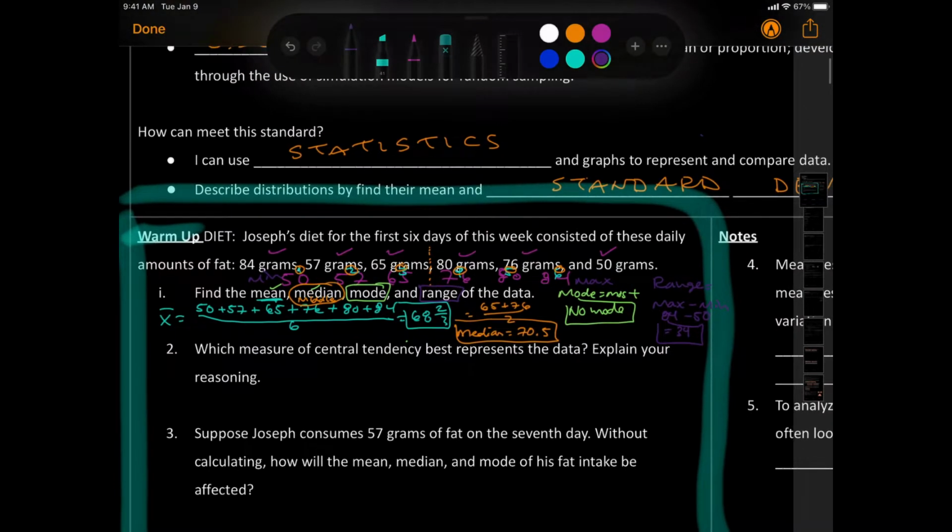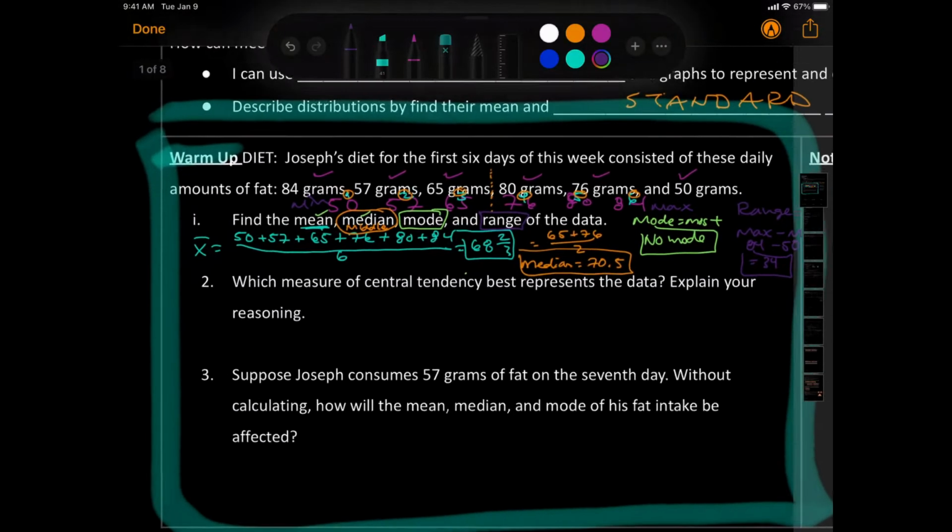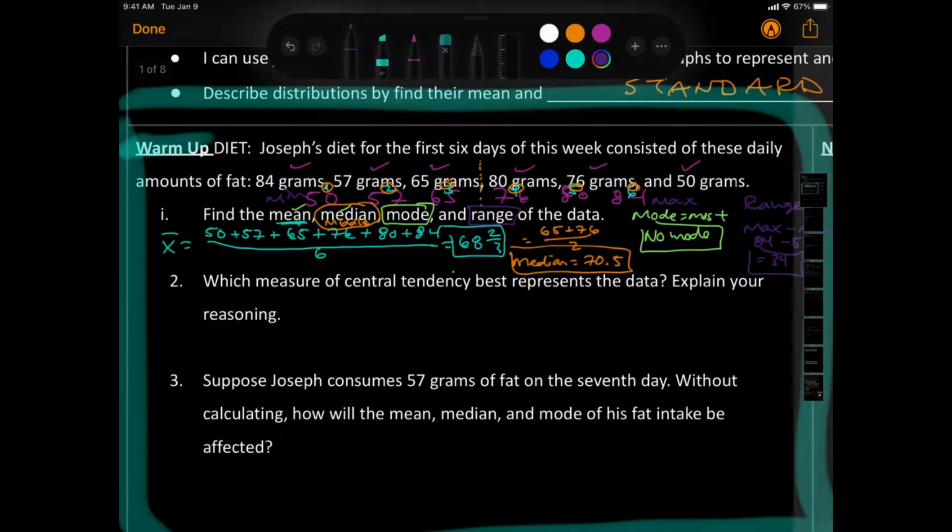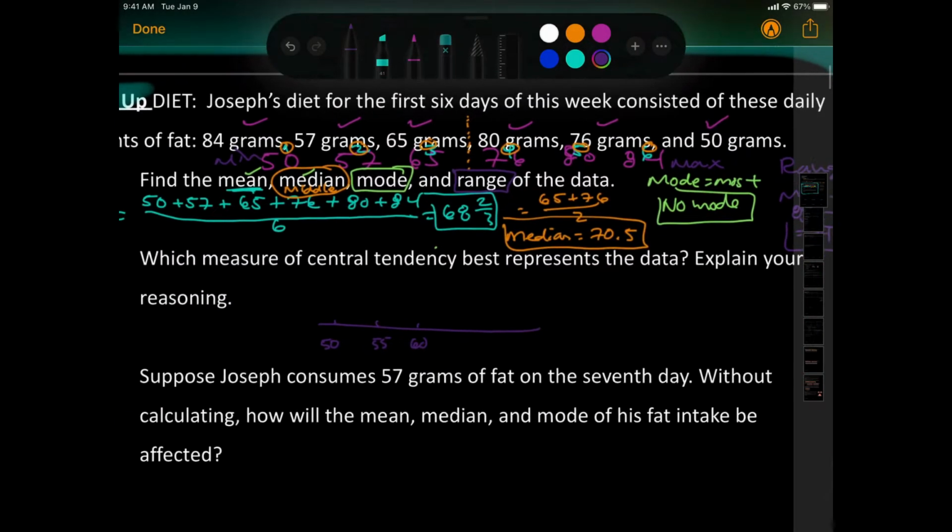Okay? Alright, which measure of central tendency best represents the data? Explain your reasoning. So this is actually going to be answered by today's lesson, but just to give you a graphical idea, you can make a dot plot. And if I have like the 50s, 55, 60, 65, 70, 75, 80, and 85.